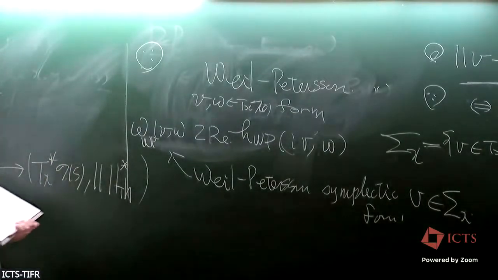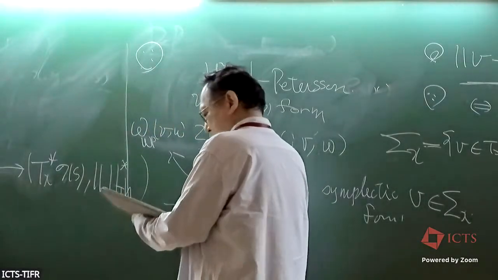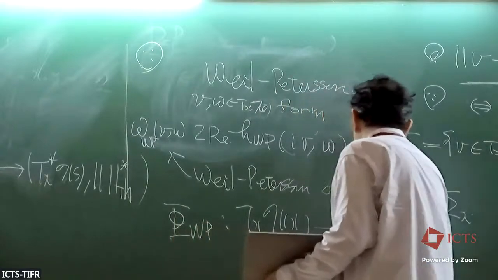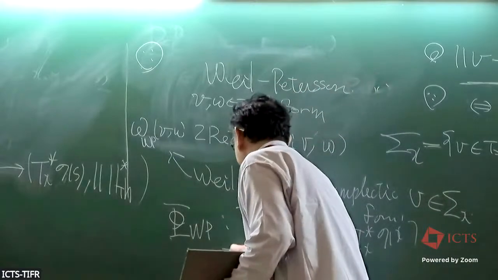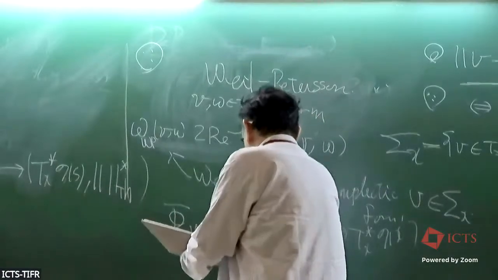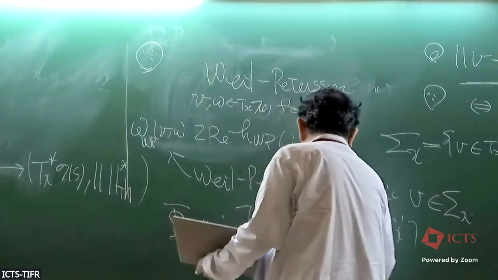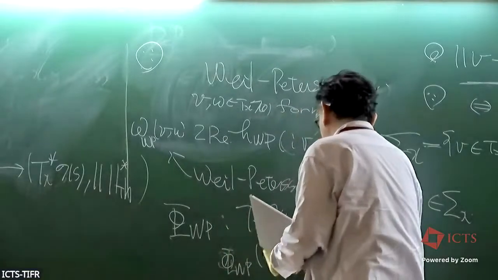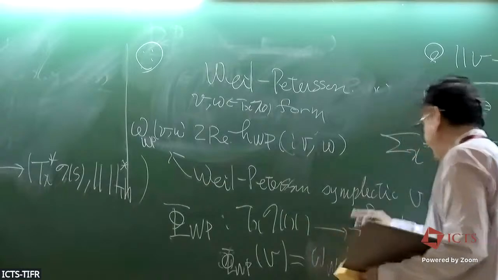And we can define the linear map from the tangent space to the cotangent space by this. Just consider omega WP of V, and we fix V here.